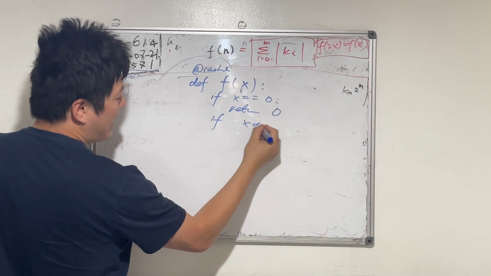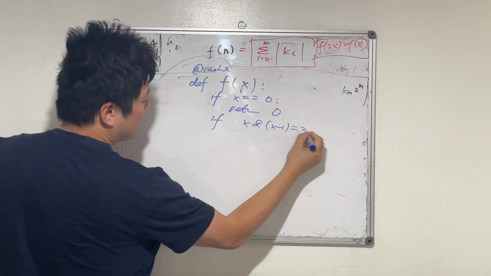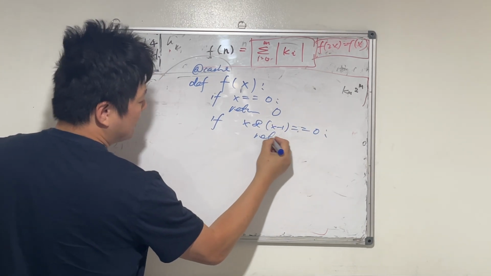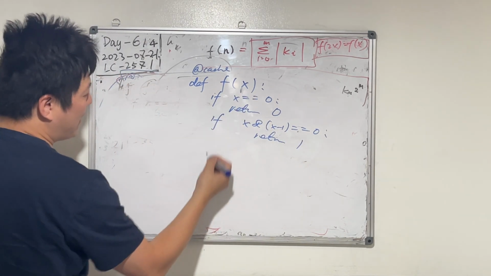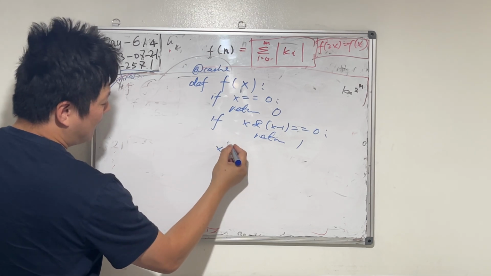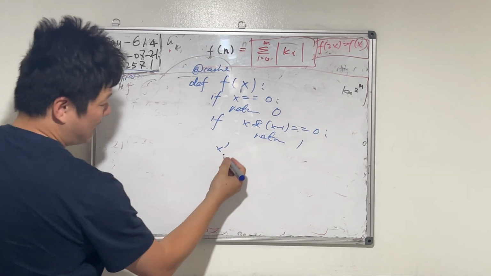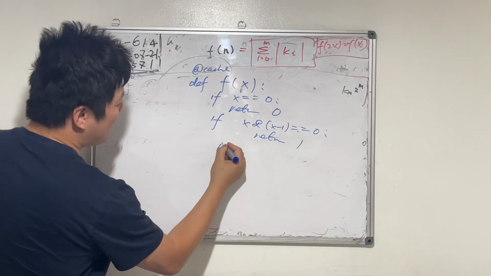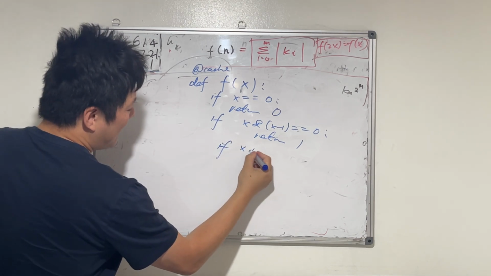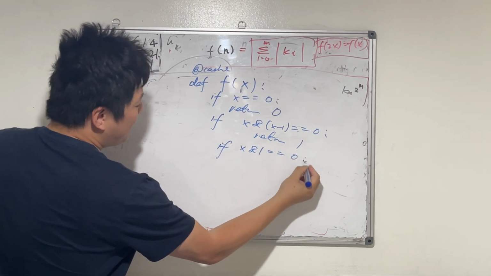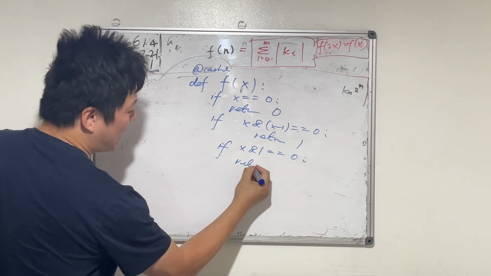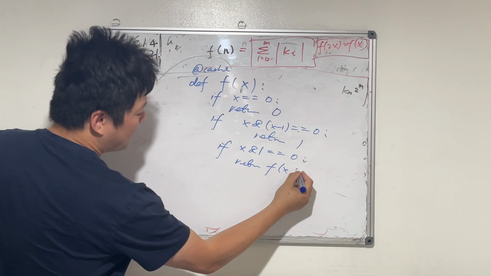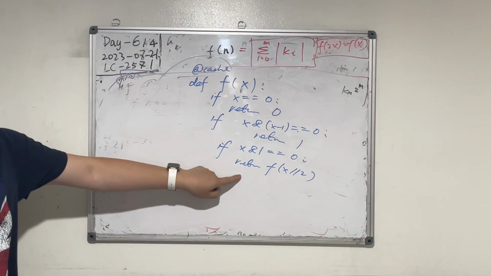If x and x minus 1 equals 0, if it's a power of 2, return 1. Now we need to find the half of it. If x and 1 equals 0, if it's an even number, then we simply return f(x divided by 2), half of it.